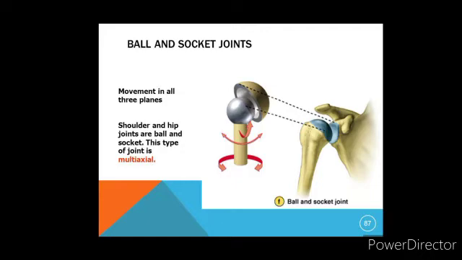The rounded end of the humerus bone in the upper arm fits into a cup shaped socket in the shoulder. Such joints, in which a ball shaped end of a bone fits into the socket of another, are called ball and socket joints. The shoulder and hip joints are the only ball and socket joints in our body.